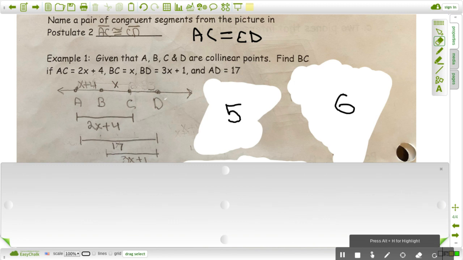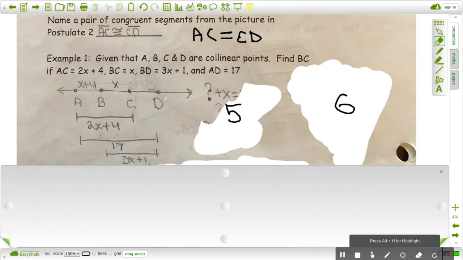You would say, since it says find BC, you're trying to find BC right over here. So you would do AC is equal to 2x plus 4, BC is equal to x. That's what we're trying to find. And BD is equal to 3x plus 1. So let's move on.